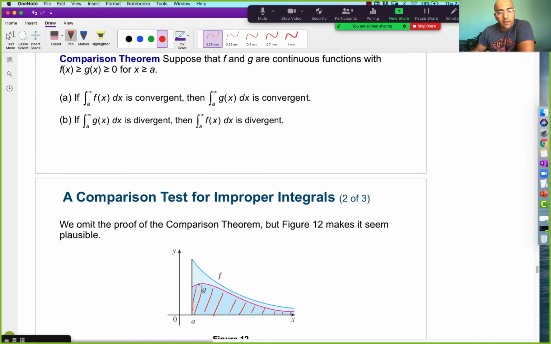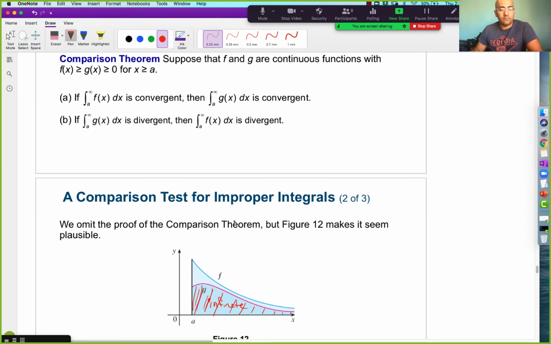So if I can show that the area under the g function is infinite and the f function is always bigger, then I can conclude that this one's also infinite, right? That's divergent. If the smaller one diverges, then the bigger one must also diverge.